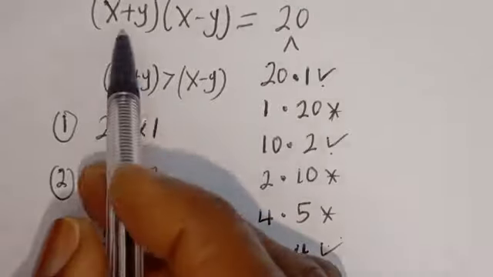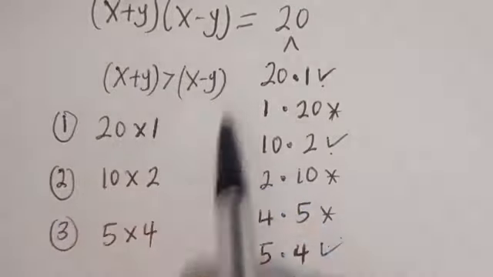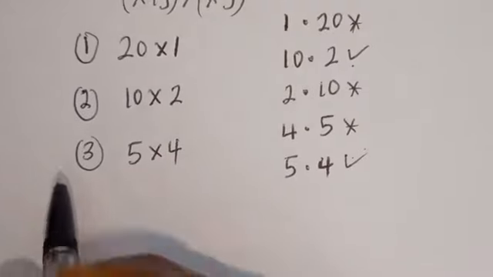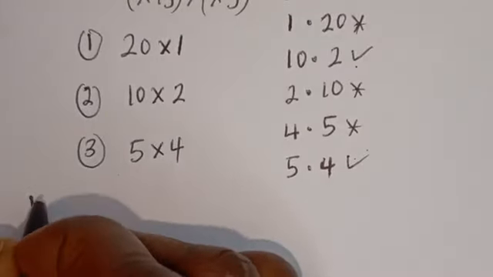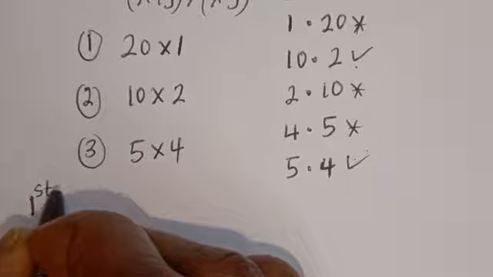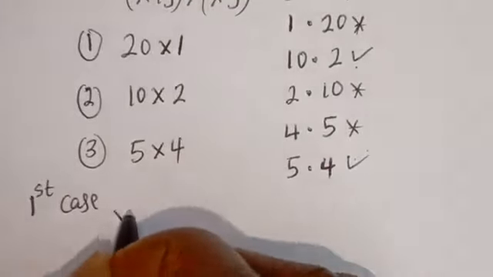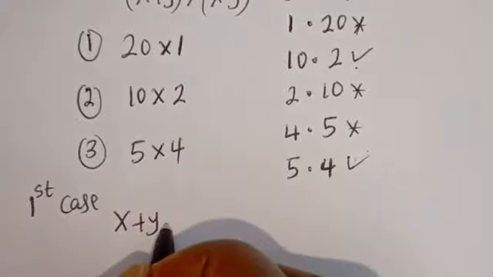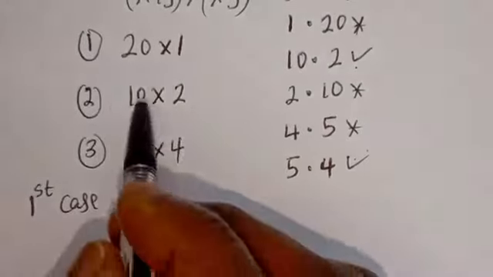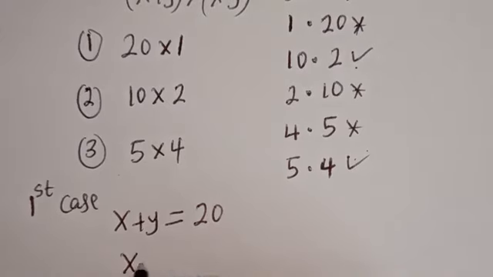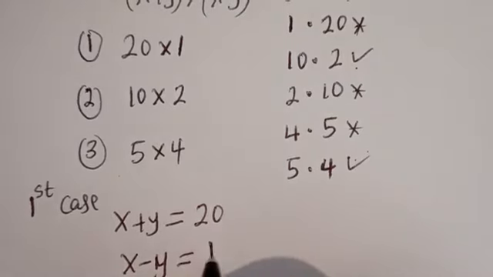Therefore, for (x plus y)(x minus y), the first case equation is: x plus y is equal to 20, then x minus y is equal to 1.